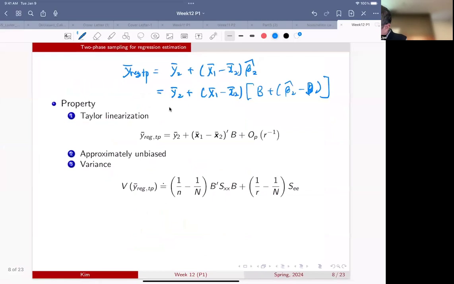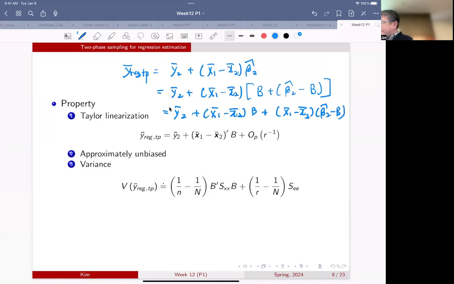So let's do this way, right? So if you just add and subtract, you have something like this. This is kind of the same technique we applied before in the regression estimation.